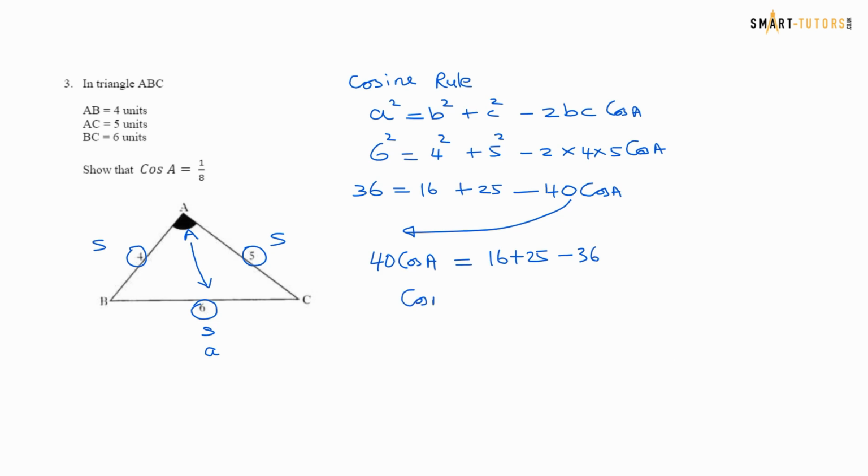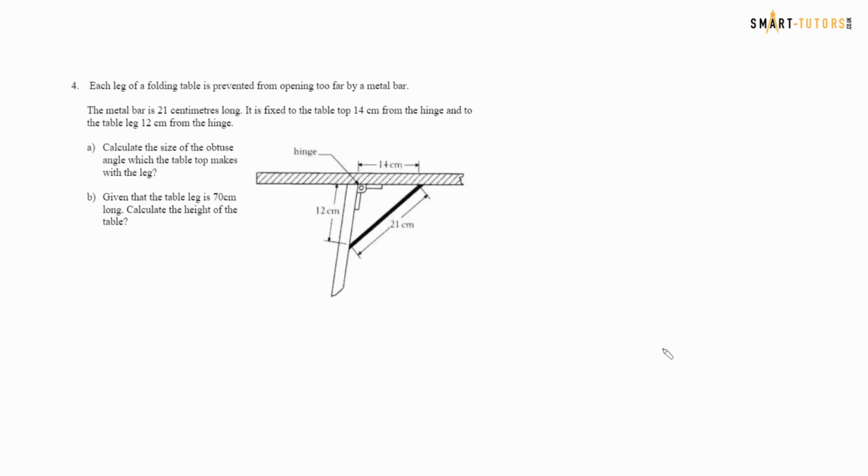So cosine A equals 5 divided by 40, so 5 ones, 5 eighths. So cosine A equals 1 upon 8. That is the answer. Question number 4.